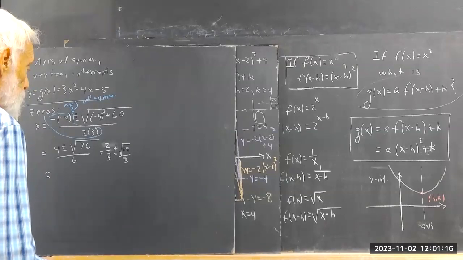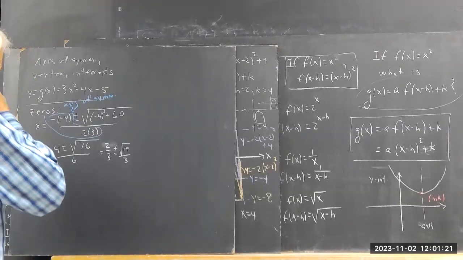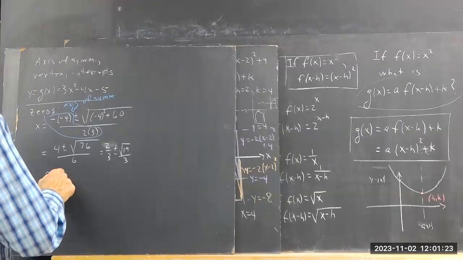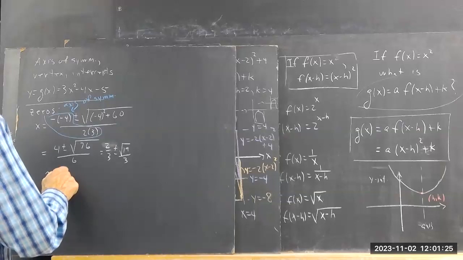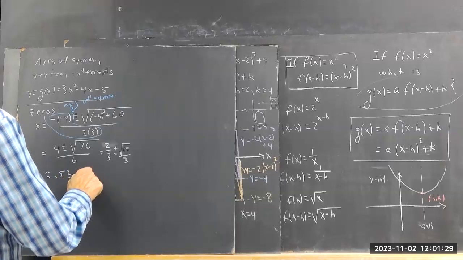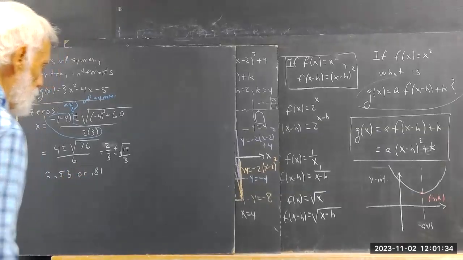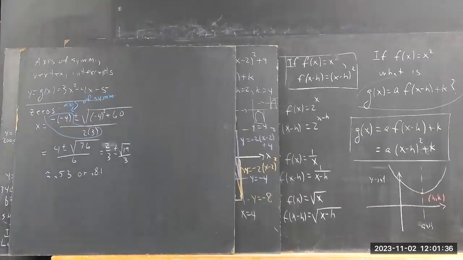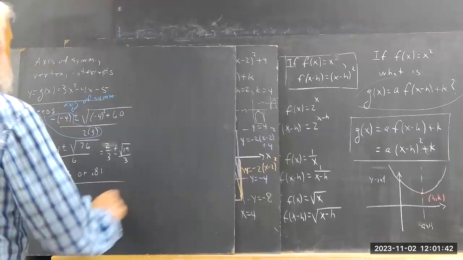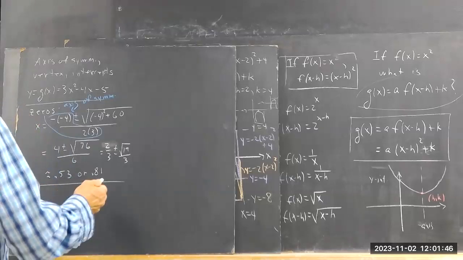So that comes out to about plus or minus 0.14, so that would be maybe 0.53 or 0.81, give or take a couple of hundredths. If I did this correctly in my head, that ought to be fairly accurate. So there are the zeros.